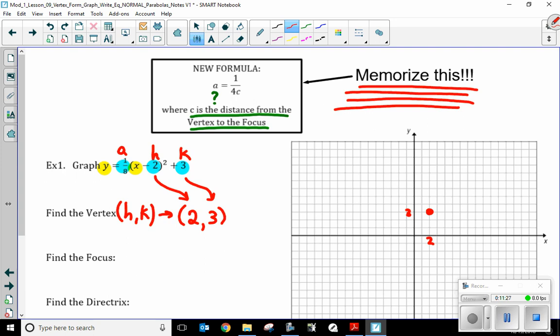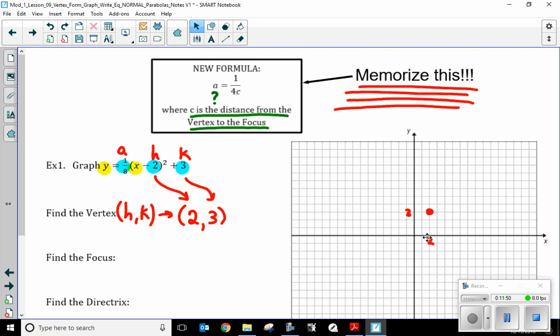All right. So now I don't know if that opens up or opens down because I don't know where the focus is and I don't know where the directrix is. Remember, the focus should be in the cup. And our parabola never touches or crosses the directrix.